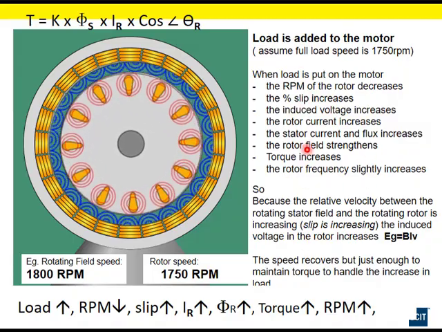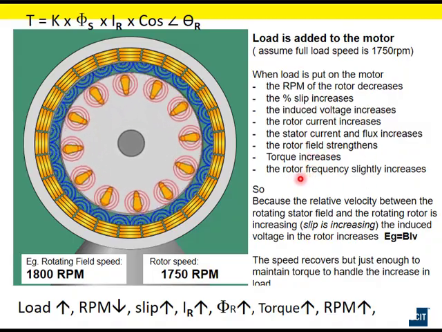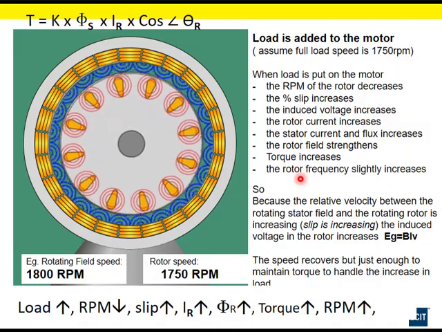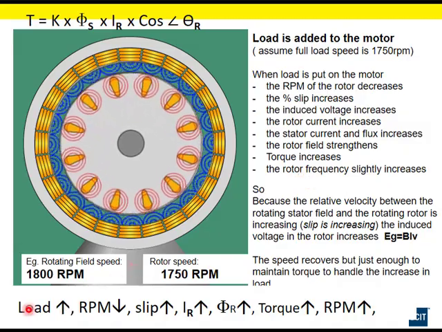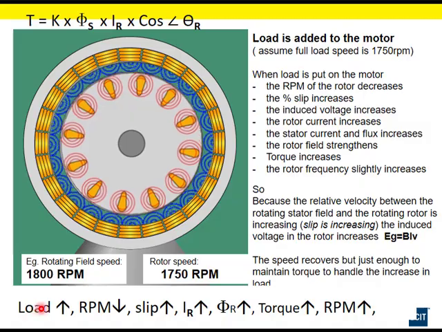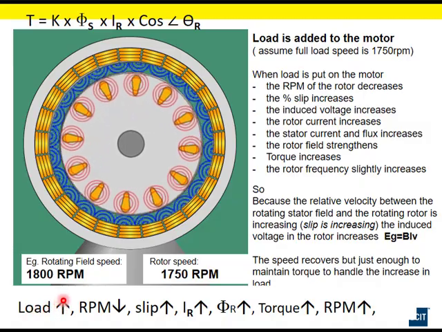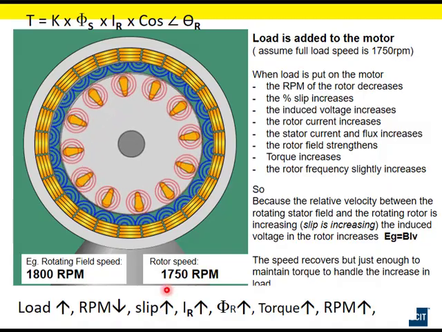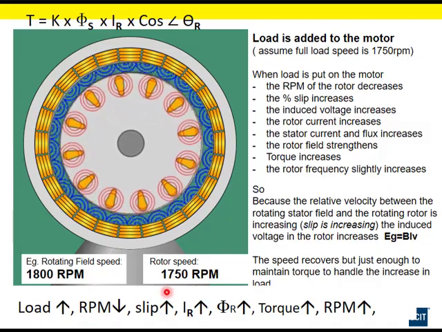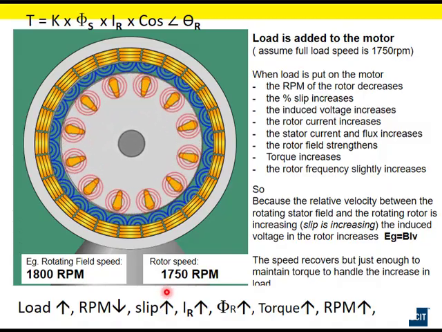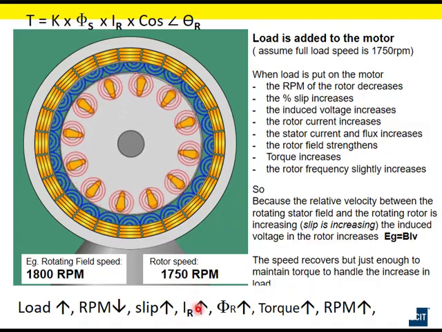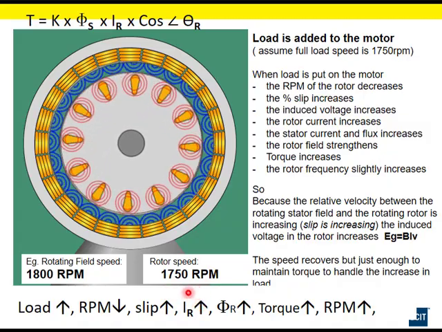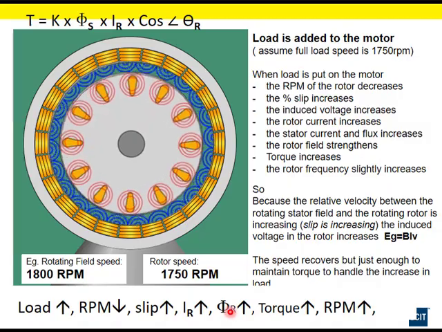It will only keep going through its cycle till it hits an equilibrium. So if we look down here at the bottom, when our load increases, our RPM is going to decrease, which makes our slip go up. When our slip goes up, our induced rotor voltage is going to go up, which means our rotor current is going to go up.